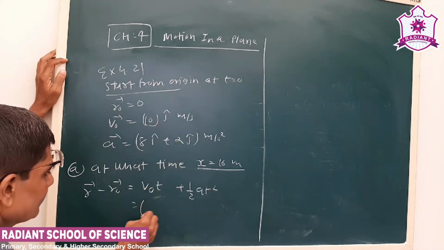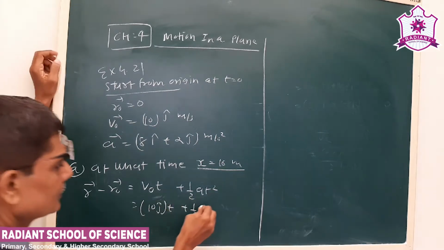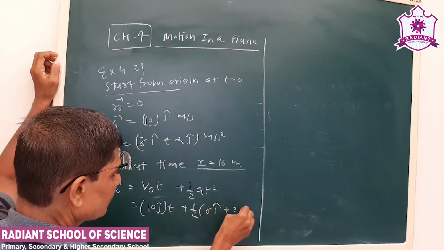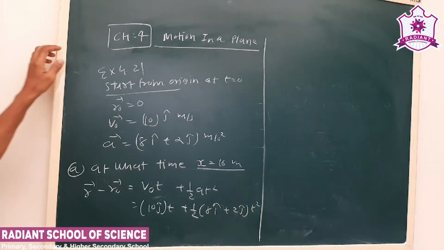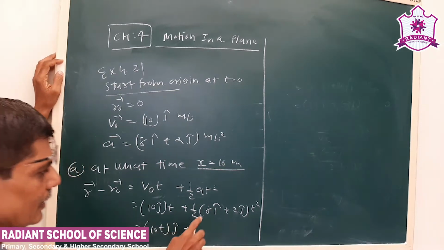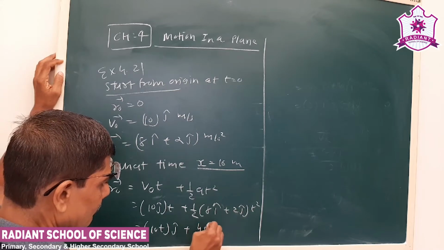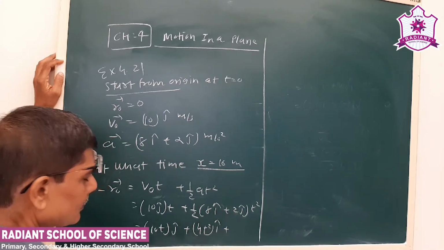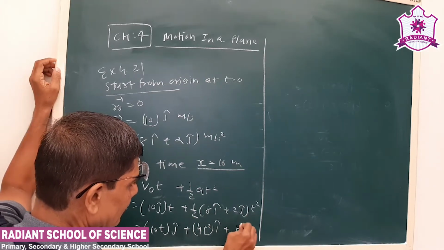That is 10j. Acceleration is 8i plus 2j. Now we can write this as 10t j caret, 8 upon 2 is 4t square i caret, and 2 upon 2 is 1, t square j caret.